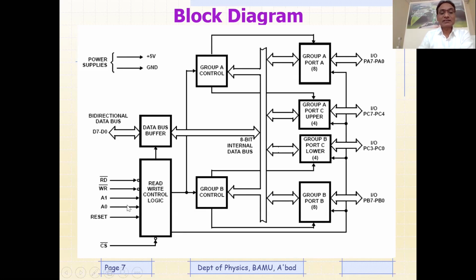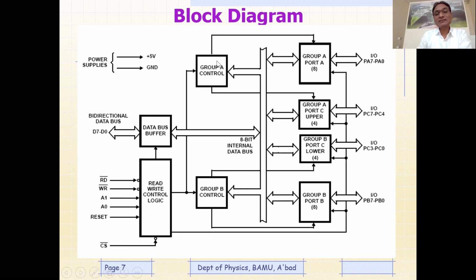A1 and A0, as I mentioned earlier, are used to select one of the ports: port A, port B, port C, or the control register. Reset is the signal used to reset all internal registers, and CS bar is used to enable the IC. This is all about the read write control logic.